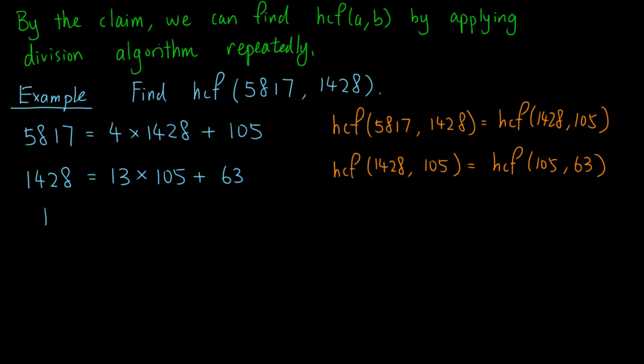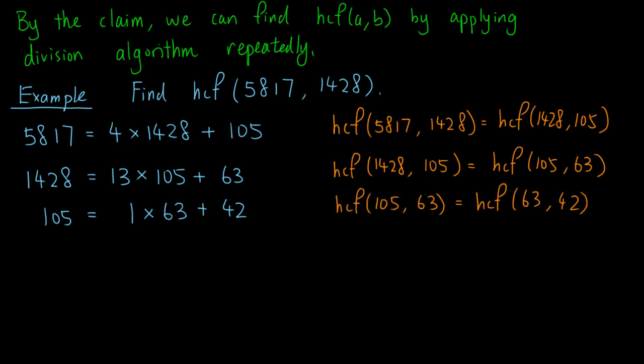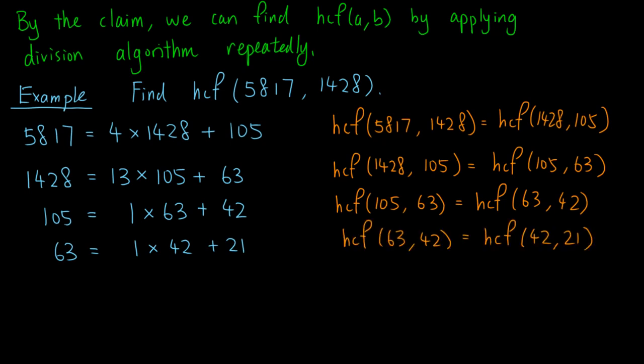We continue to write 105 equals 1 times 63 plus 42. And again, this means that the HCF of 105 and 63 equals the HCF of 63 and 42. We continue to write 63 equals 1 times 42 plus 21. And again, this means the HCF of 63 and 42 equals the HCF of 42 and 21.